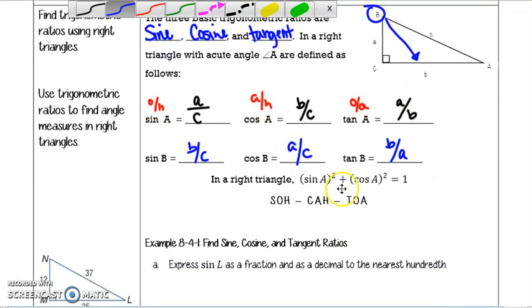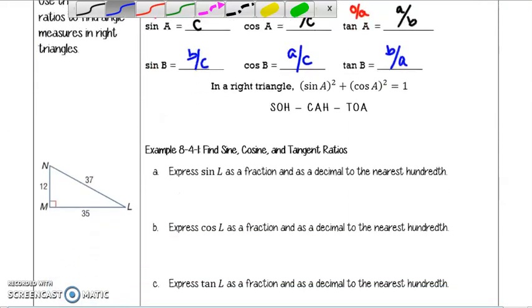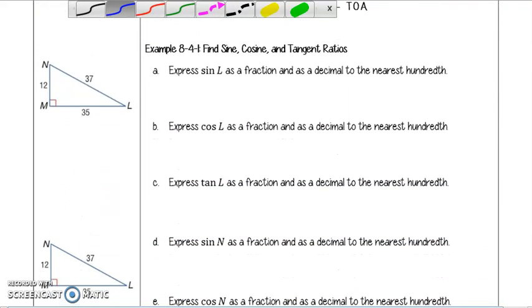So in a right triangle, the sine A squared plus the cosine A squared equals 1. Let's take a look at a couple of examples with actual numbers in them. Our first one, we're going to express sine L as a fraction and as a decimal. We circle L because that's the angle we're going to go from. Sine is the opposite over the hypotenuse.